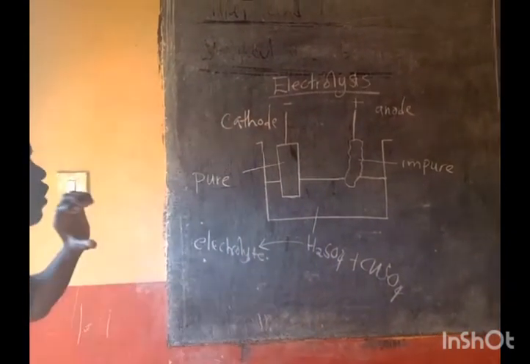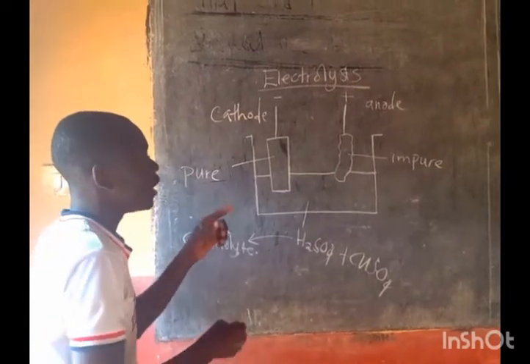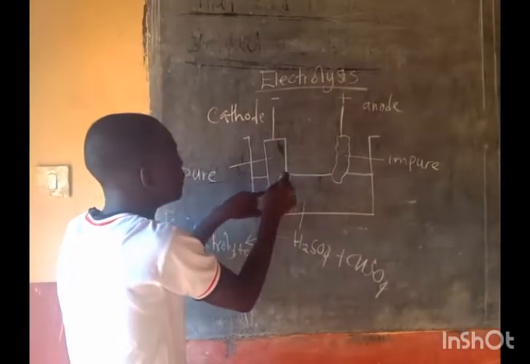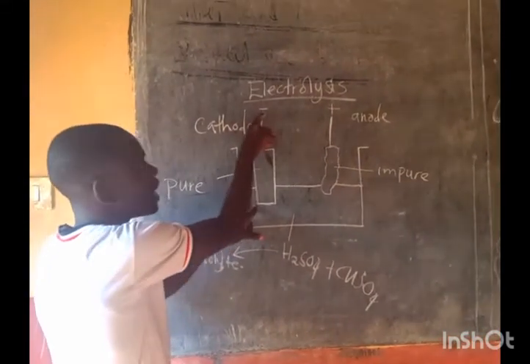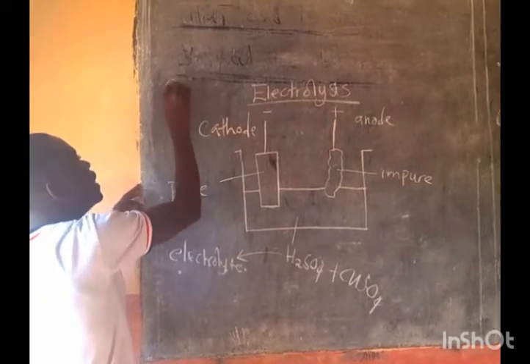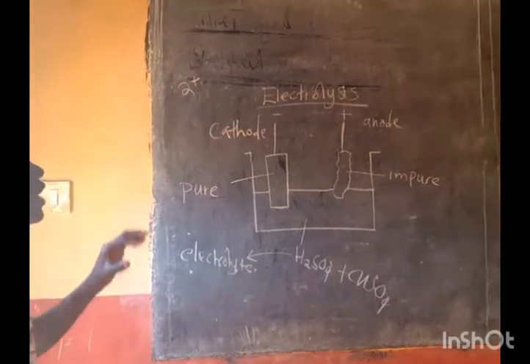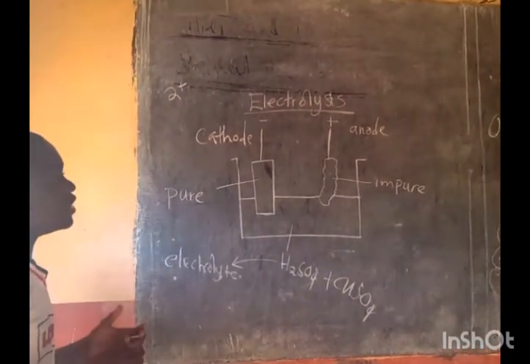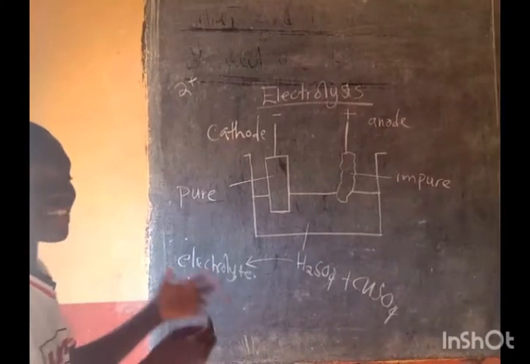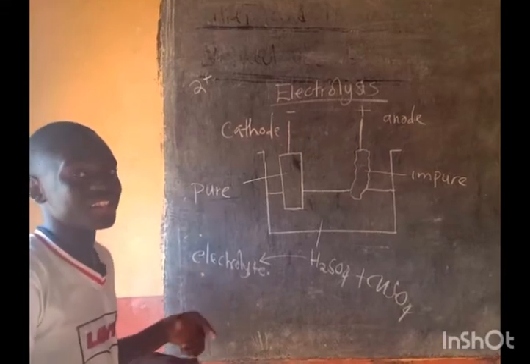You now notice that ions of copper will be moving from the impure copper going to the pure copper, because it is negative here. The valence of the copper ion is positive 2. Copper is usually found in the middle of the periodic table, in the transition region. It has variable valences.